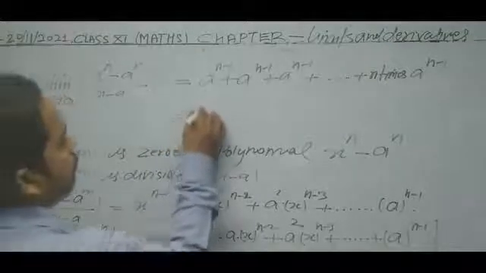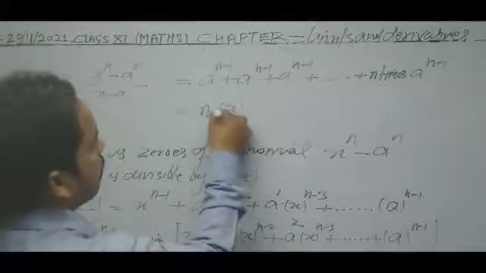Now its result we can put as n times a to the power n minus 1.